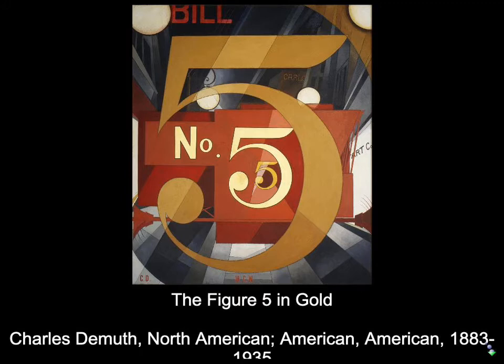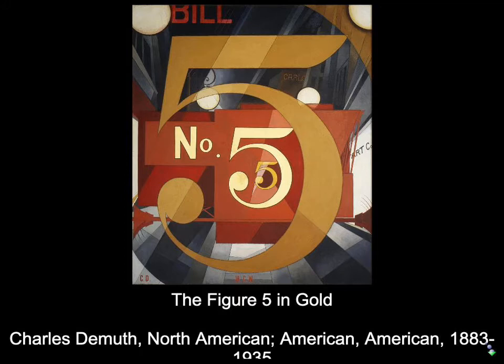So Demuth takes that, he's in love with that poem, and here he makes a visual equivalent of it, where the 5 getting smaller and smaller suggests the receding away of the fire truck. And then he puts all kinds of little graphic design clues about the poet in. If you look at the bottom, you can see red initials of the poet Williams, Carlos Williams, WCW.